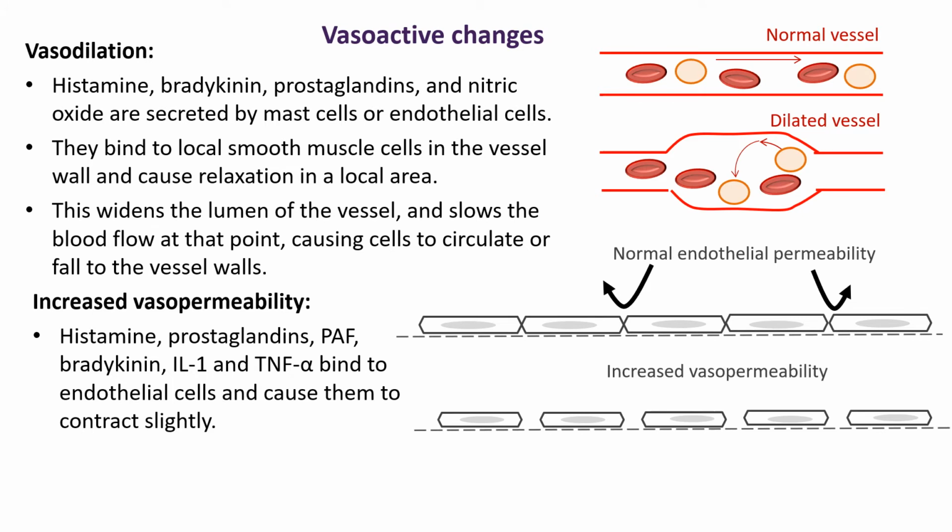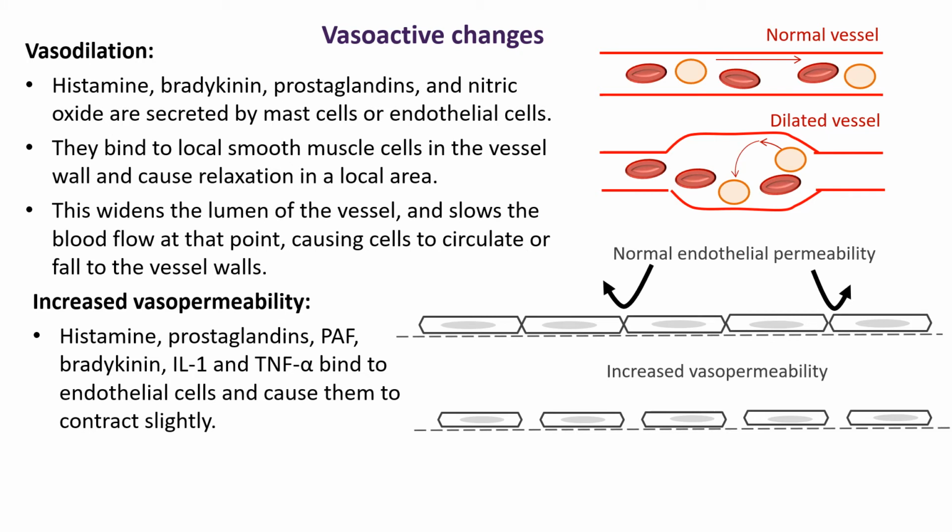In this case, again, histamine, prostaglandins, platelet activating factor, remember this is synthesized after the arachidonic acid cascade from the plasma membrane phospholipids, bradykinin, interleukin-1 and TNF-alpha, all potentially bind to endothelial cells, and this causes them to contract.